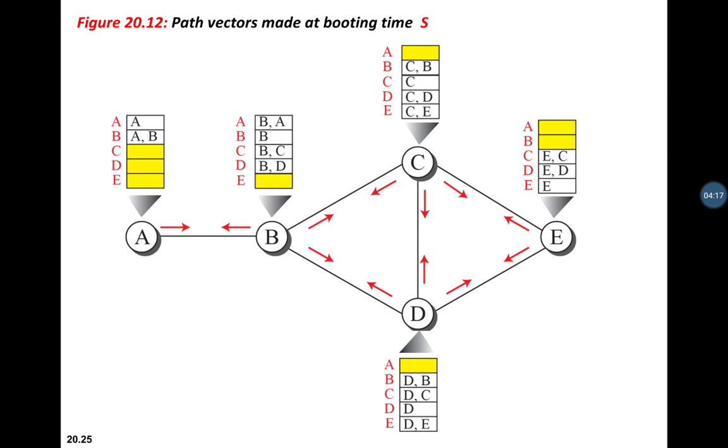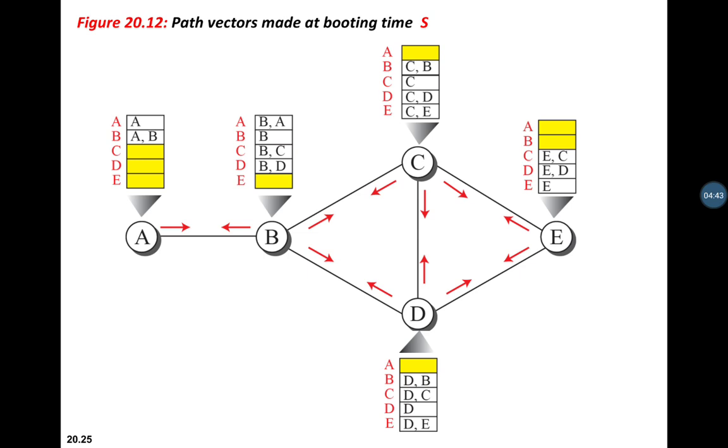Asynchronous in the sense that the spanning trees are not created at the same time. The spanning trees are made gradually or asynchronously by each node whenever that node is booted. Whenever that particular node A, B, C, D is booted, it creates the path vector based on the information it can obtain about its immediate neighbors.